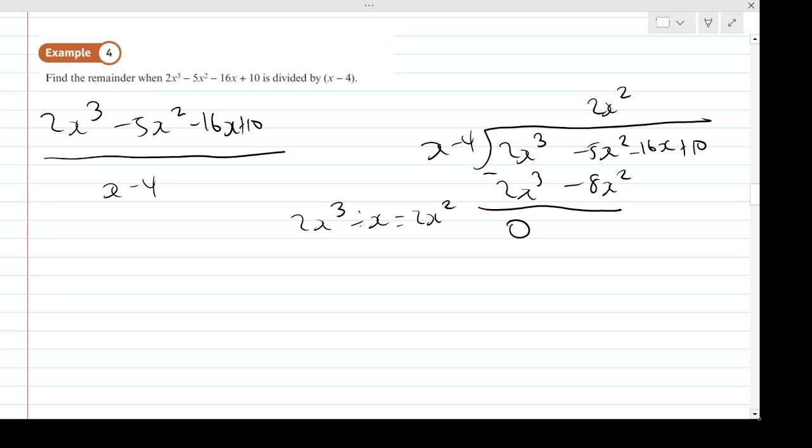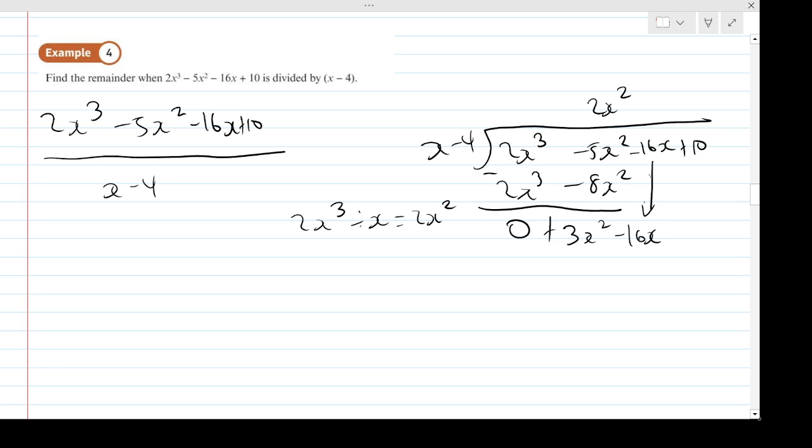Then we have minus 5x squared take away minus 8x squared. So that's minus 5x squared add 8x squared, that'd be plus 3x squared there. Okay. And then I'm going to bring the next number down to get minus 16x. So then we're going to repeat it again.